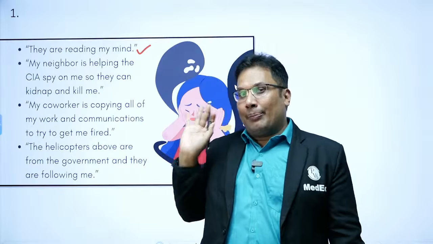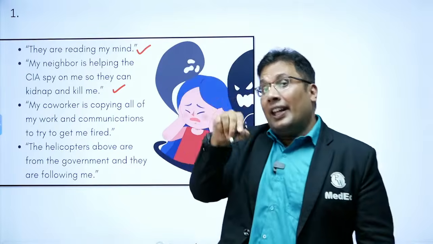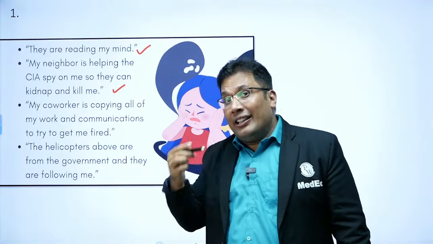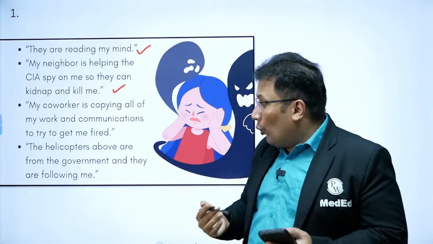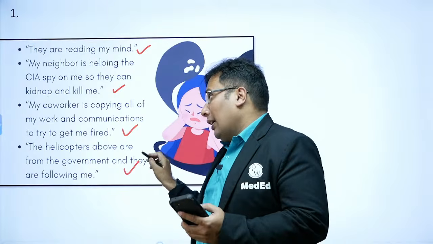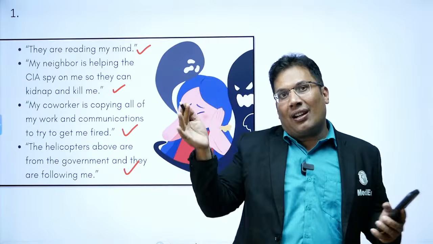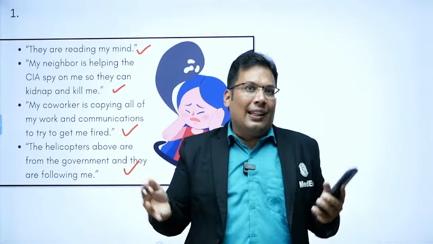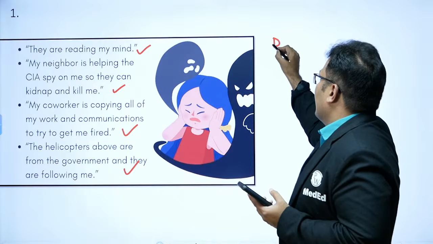So that is my delusion, basically. I also think that the CIA and other investigating agencies are behind me, and everybody is copying my work and my communication through radio waves, and helicopters are there above my house. I am staying in Bangalore, so helicopters are moving actually. All these helicopters are trying to capture me. They're trying to kill me, something like that. My question is, what type of delusion is this?